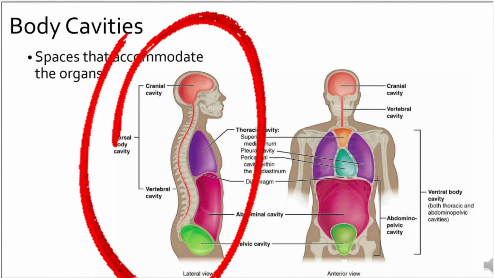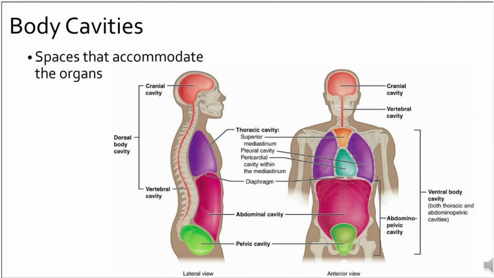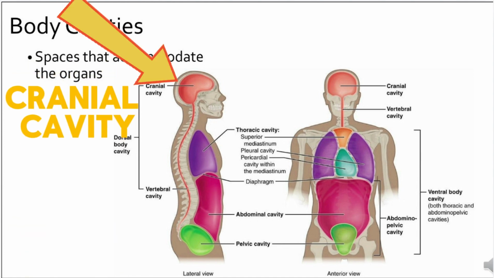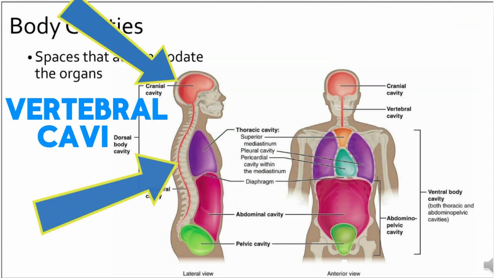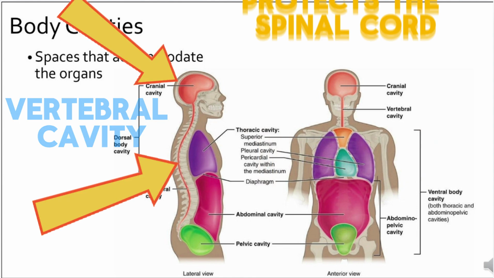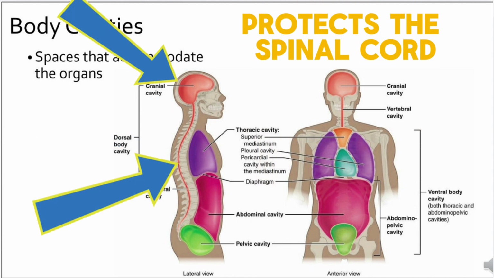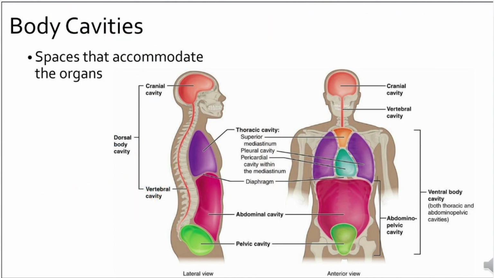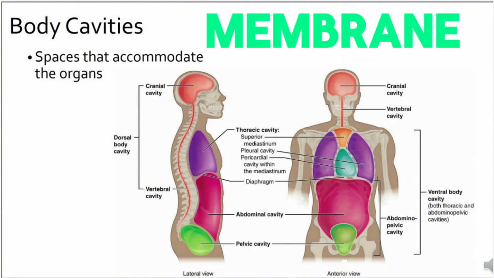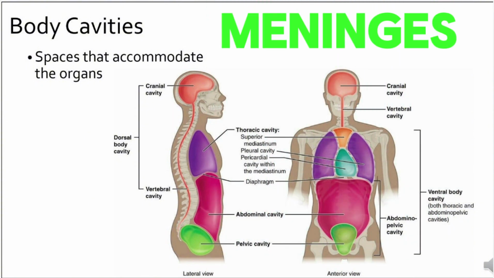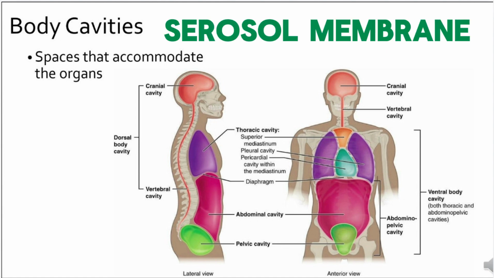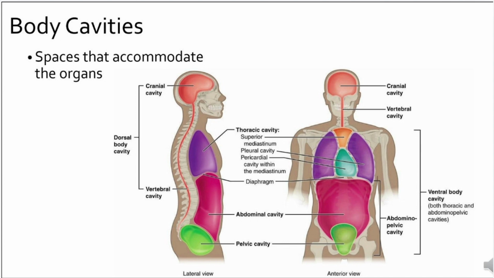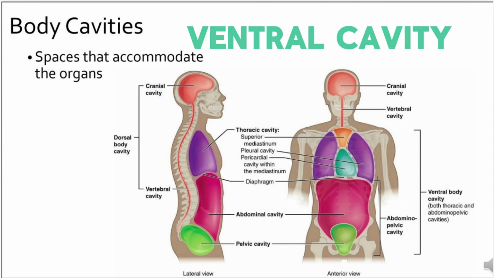As you can see in this diagram, the dorsal cavity is broken down into two different subdivisions, which are the cranial cavity, which sits on top and protects the brain, and the vertebral cavity, which is on the vertebra and protects the delicate spinal cord. These two cavities are surrounded by a membrane called the meninges, and these meninges are part of the serosal membranes, which we will talk about later in this video. So for now, let's move on to the ventral body cavity.